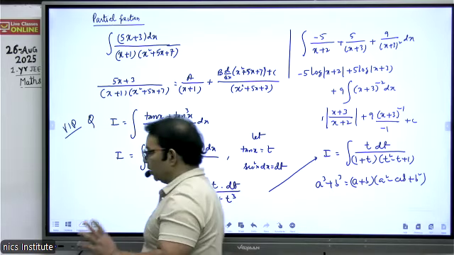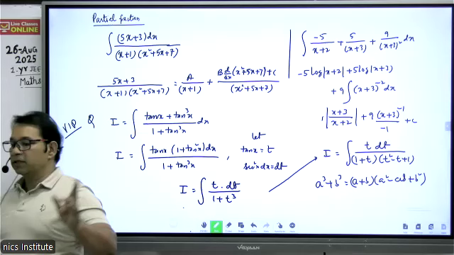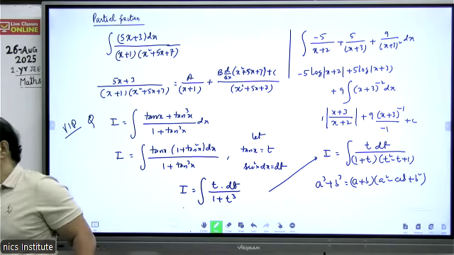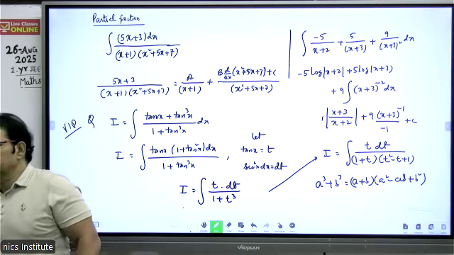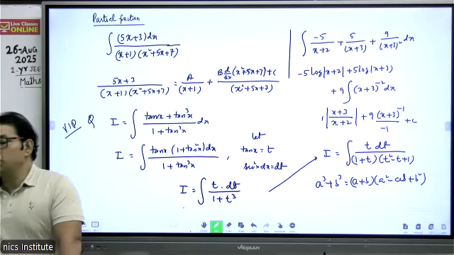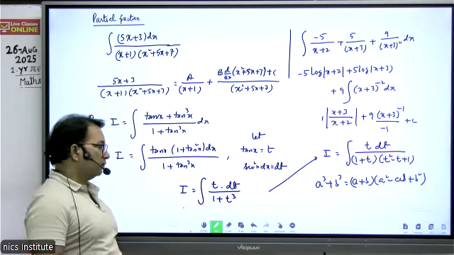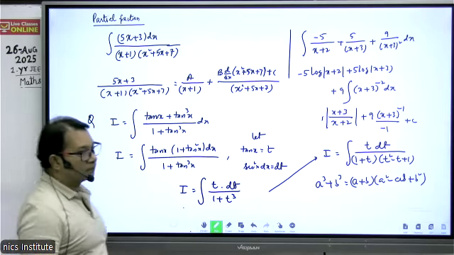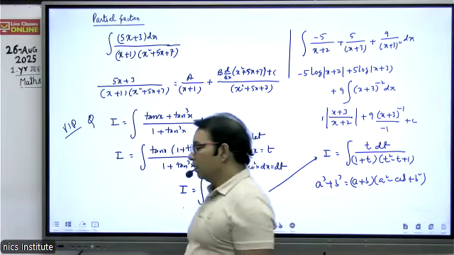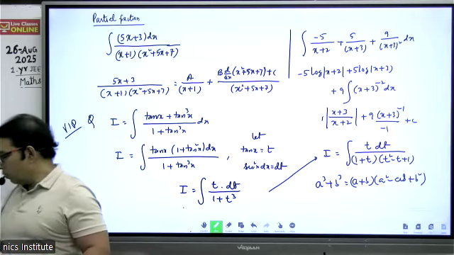So now this question is reduced to this type. One linear factor, another quadratic factor. So we'll use now partial fraction.